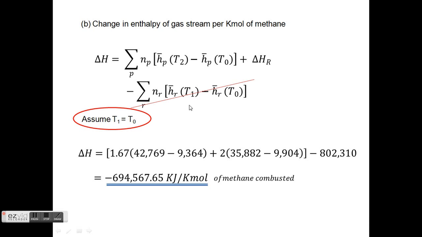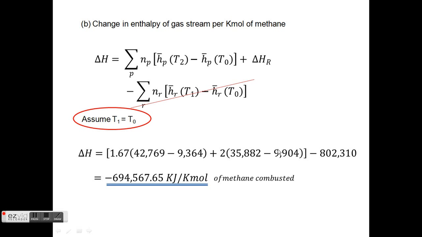This is the temperature at which the compounds are entering the turbine. This is our reference temperature. T2 is the temperature at which it is exiting, and this is our heat of reaction, which we've calculated already.